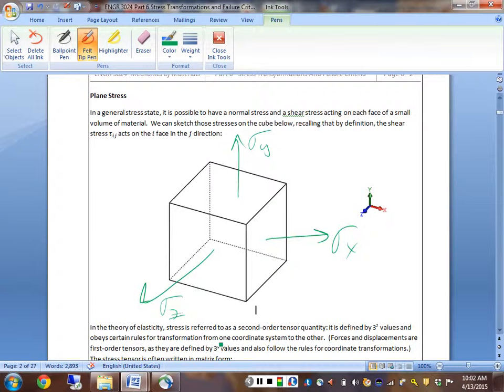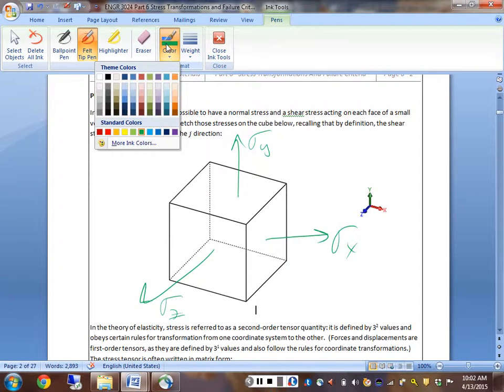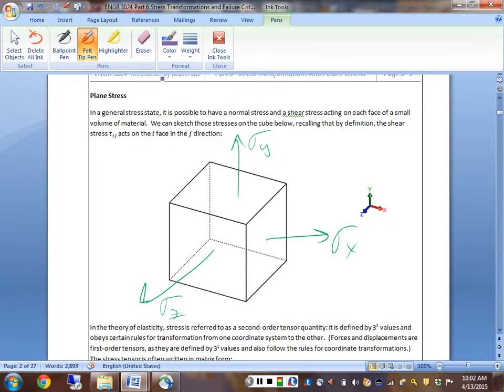And then we also have shear stresses that act, and if we say this face, and the shear stresses go by a 2-letter subscript.